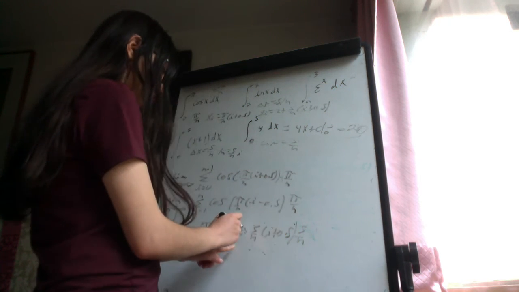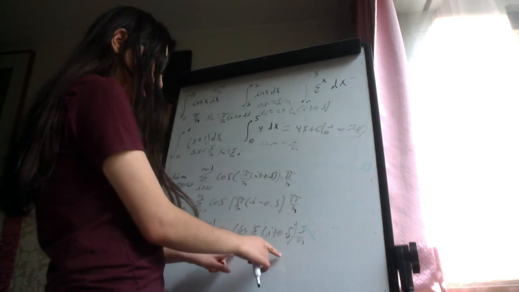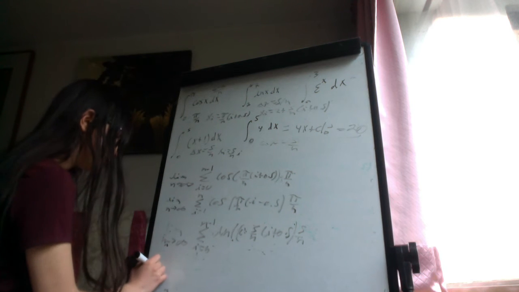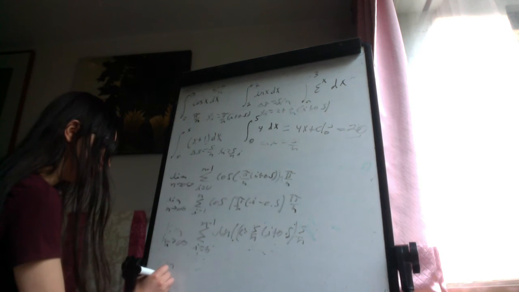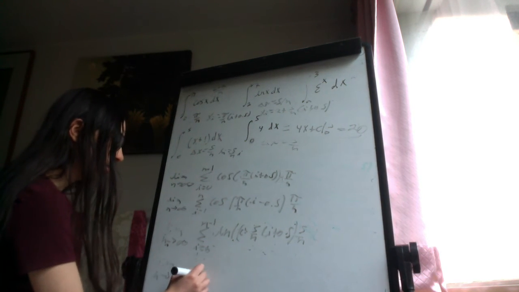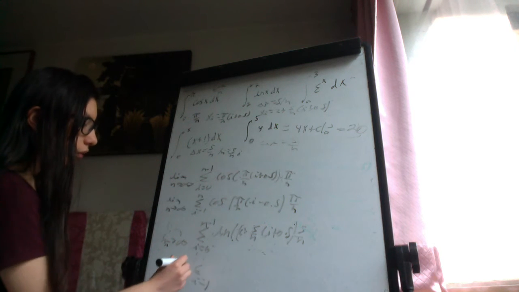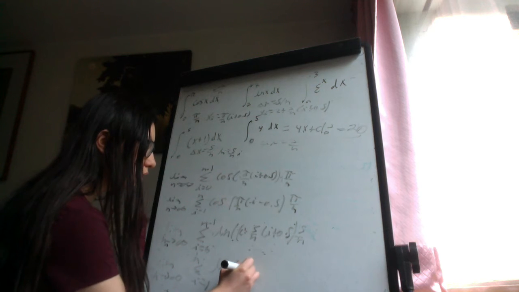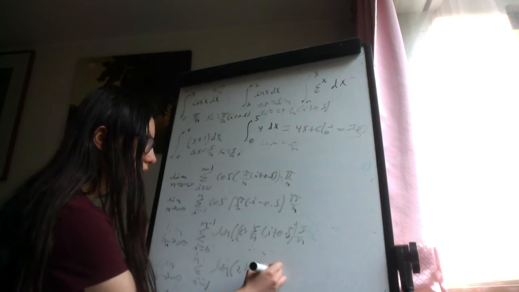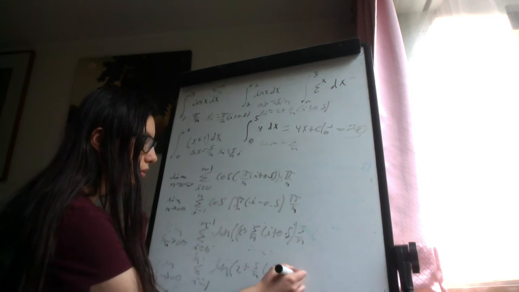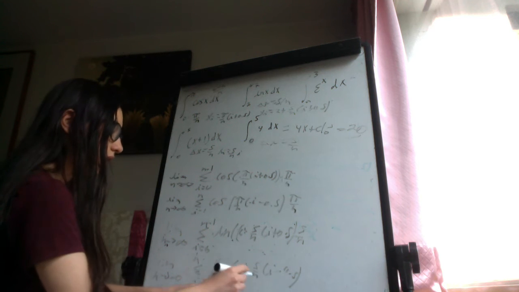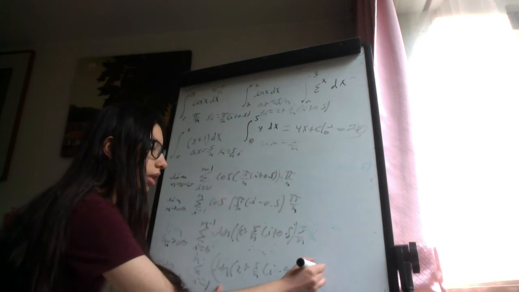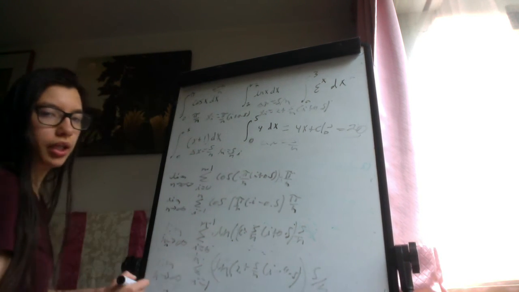Or the limit as n approaches infinity of the summation from i equals 1 to n of the natural logarithm of 2 plus 5 over n times i minus 0.5, all this times 5 over n.